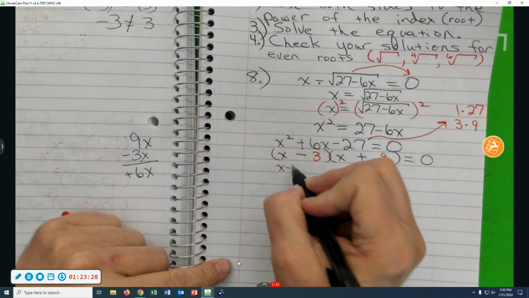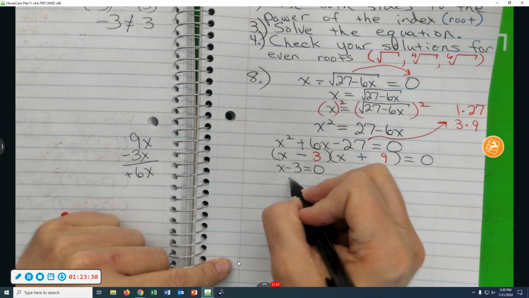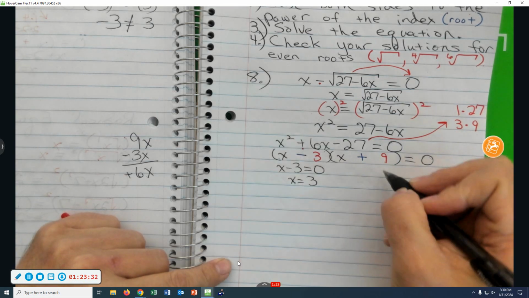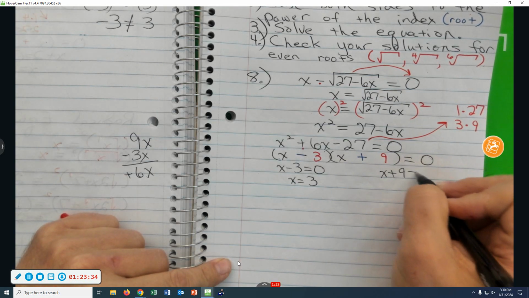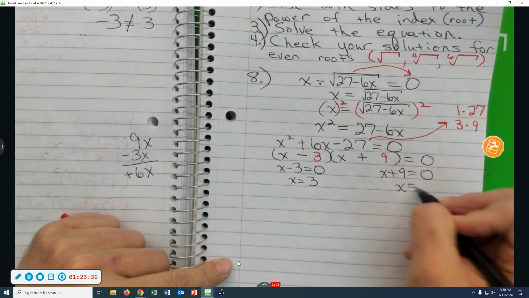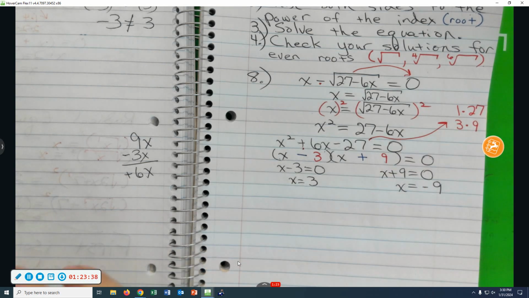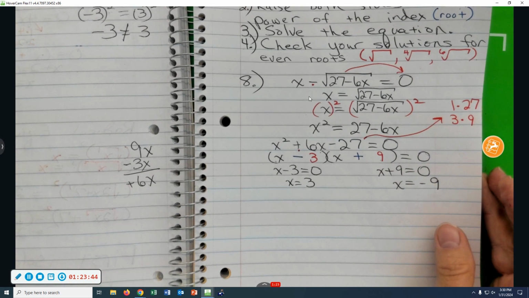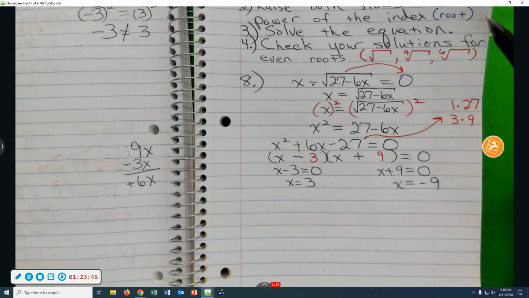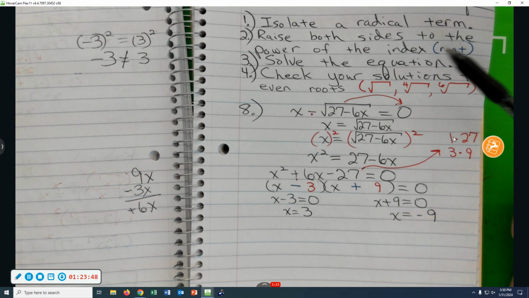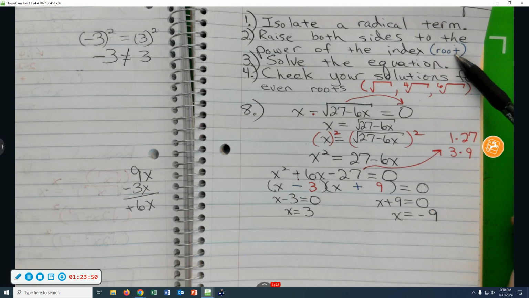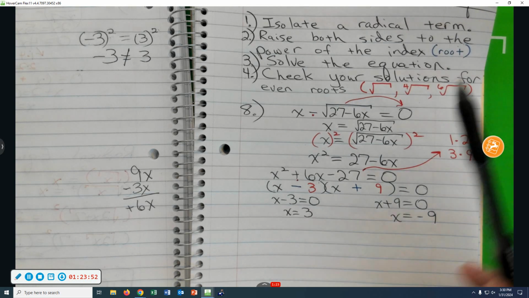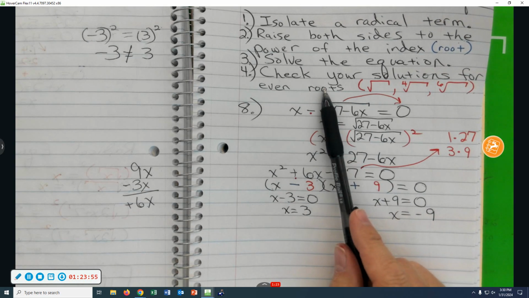So, set each factor equal to 0 to give us x equals 3 or x equals negative 9. Any questions up to this point? Isolate a radical, square both sides, solve the equation. We're through with step 3. All we have to do is check our solutions.